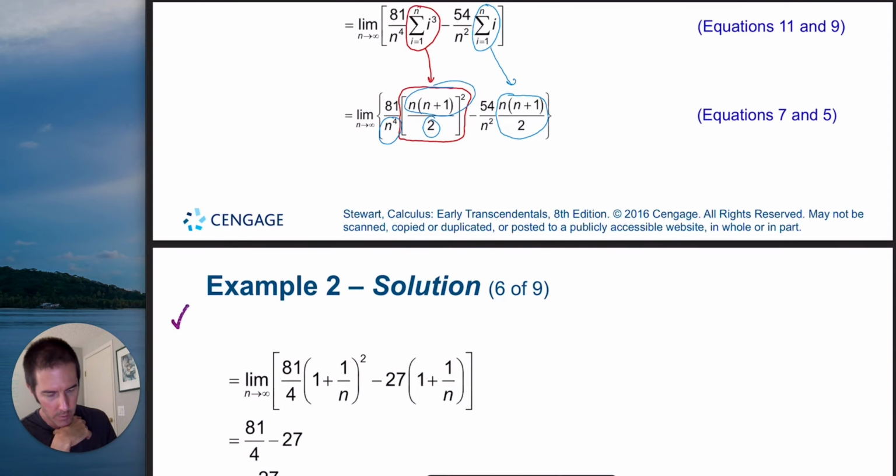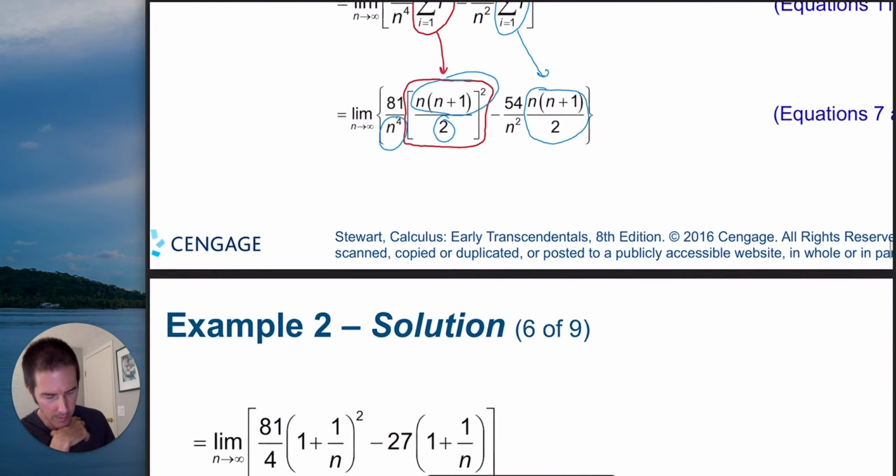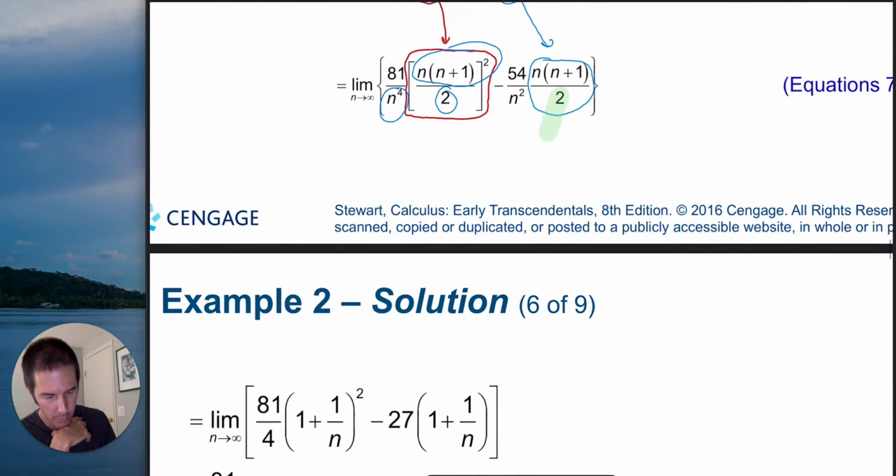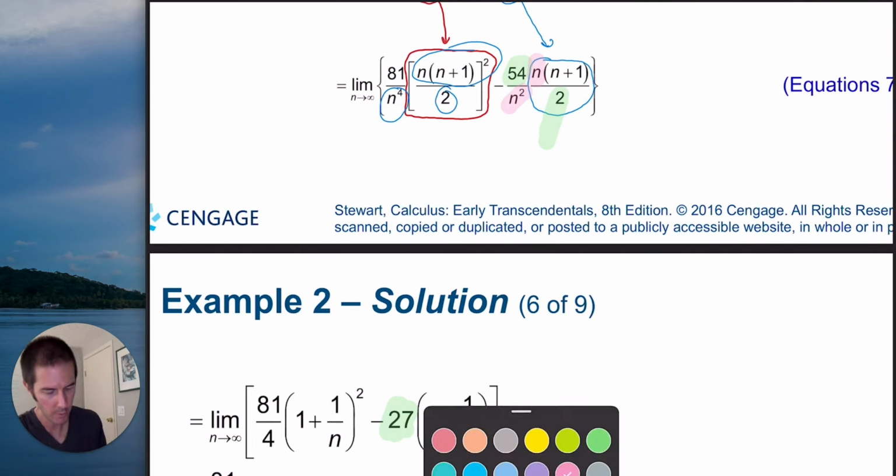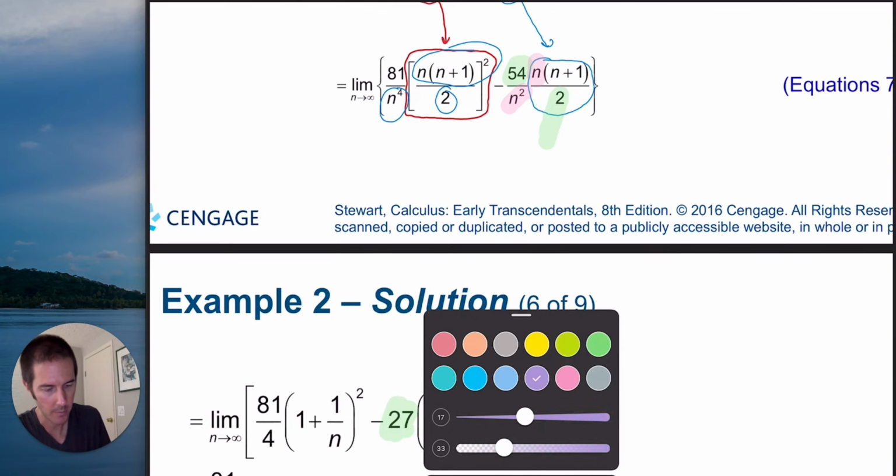The 2 from the denominator on the previous slide over here has interacted with the 54, giving us the 27 on the next slide. And this n squared ends up interacting with this n, so you get some division by n, and then that n that was remaining in the denominator got distributed into these other two terms, the n and the plus 1.